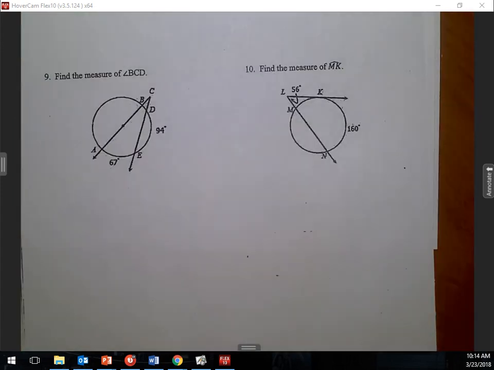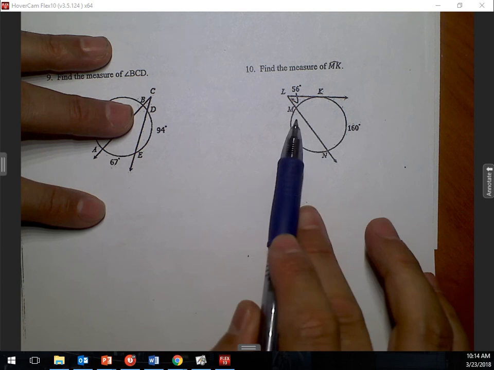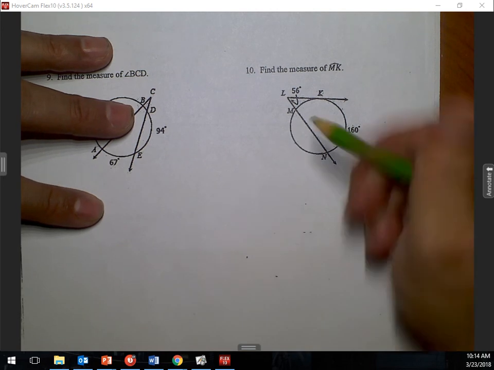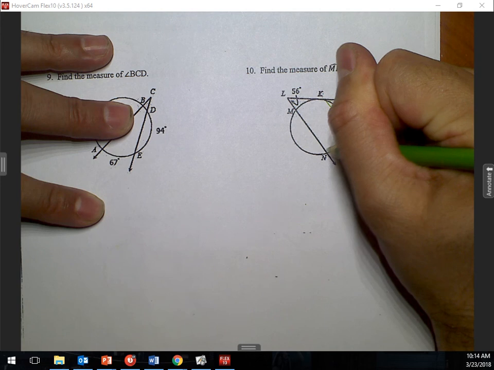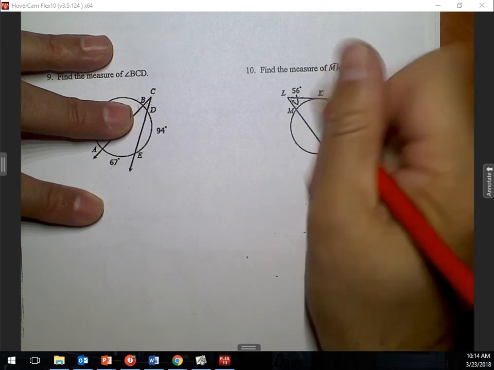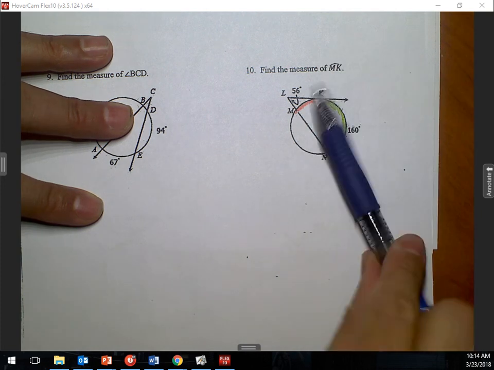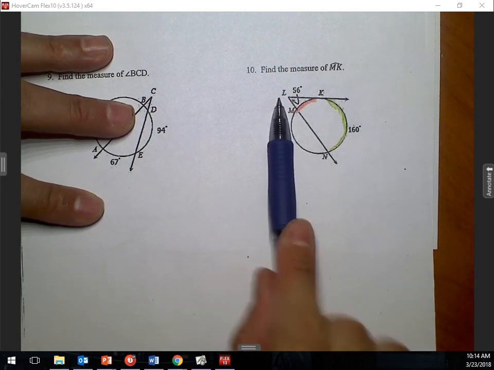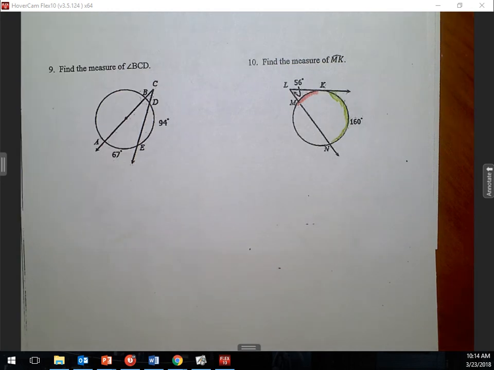And for number 10, 10's another one, but this time, here's your arcs. So your arc is here, your arc is here. This time you're trying to find the arc. So it gives you the angle, but you're trying to find the arc. So it's kind of like what we did in that last one, right?